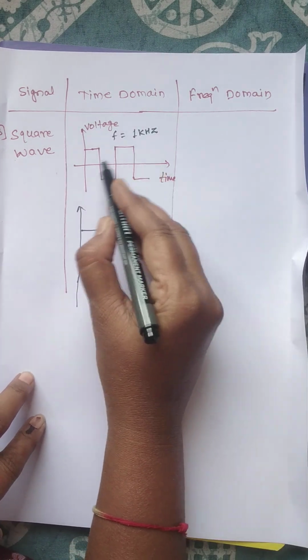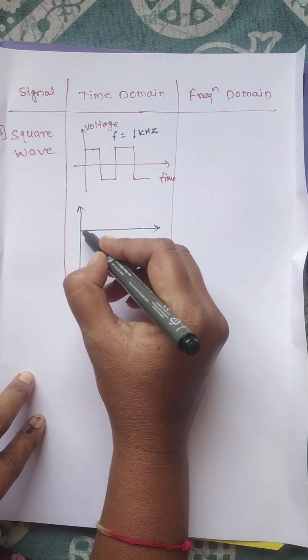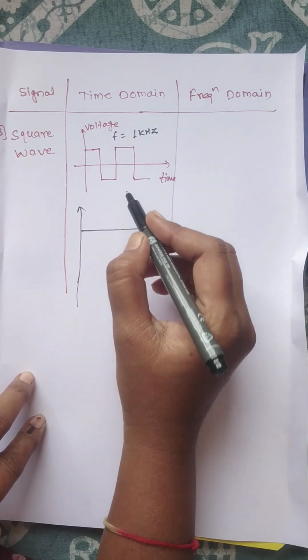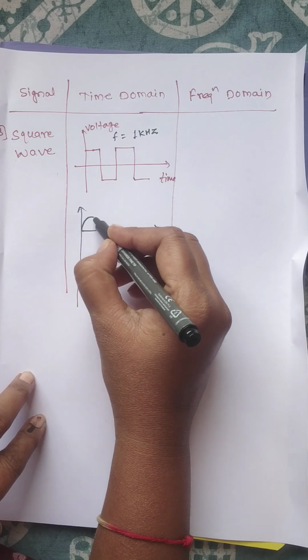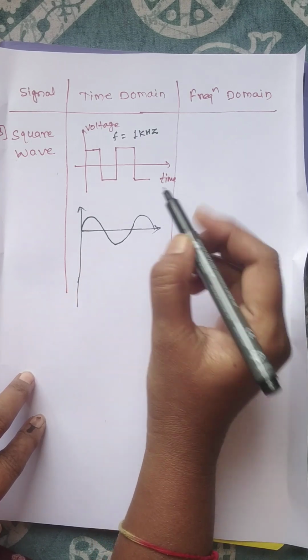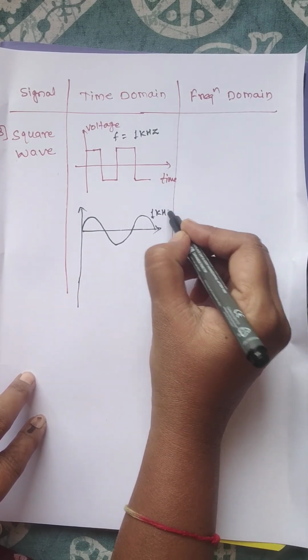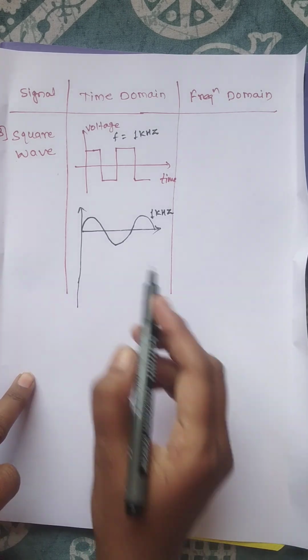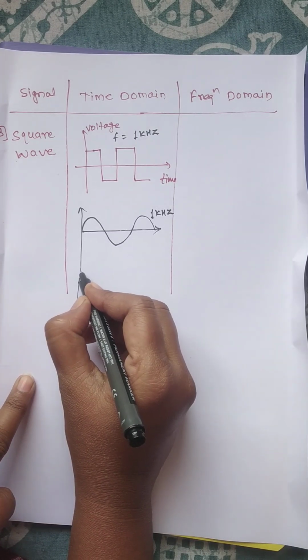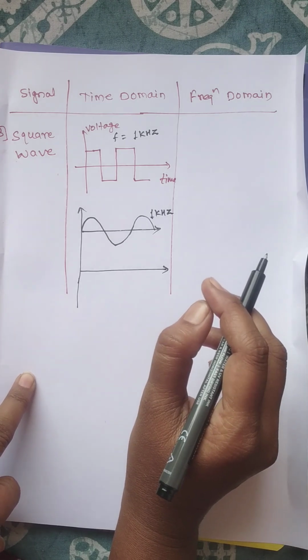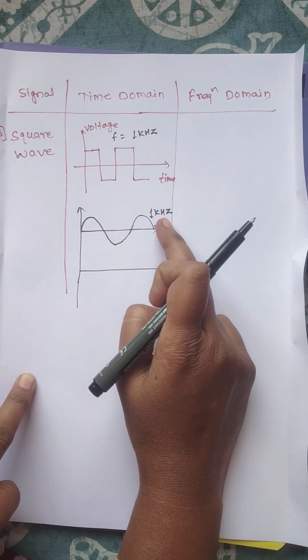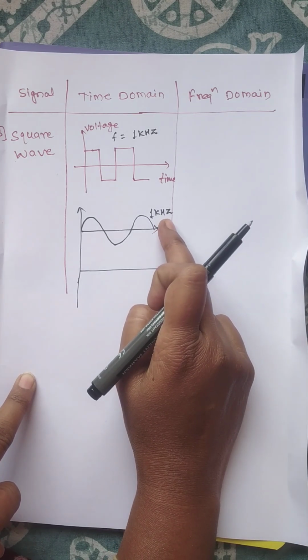If it is a 1 kilohertz square wave, it is made up of a 1 kilohertz fundamental sine wave. So this is the first component, or fundamental signal, as it is called. Then in the square wave all the odd harmonics of the fundamental sine wave are present.